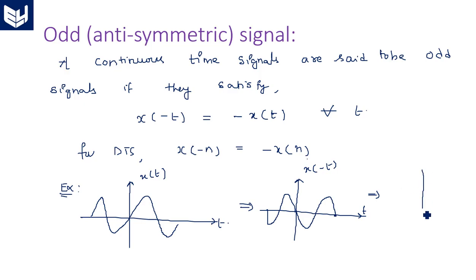Negative amplitude means fold this horizontally along the time axis. So minus x of minus t, and you will get the original input signal back.